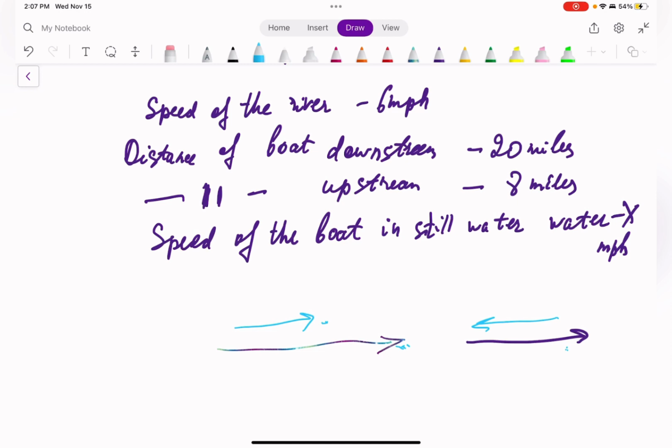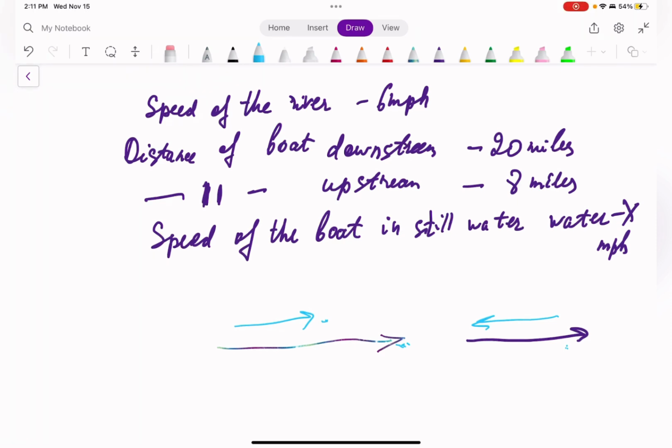So the wind is practically pushing the airplane to get faster. Same way with the boat in the water. If the boat goes in the direction of the river, it's going to go faster. If the boat goes against the flow of the river, it's going to slow down.